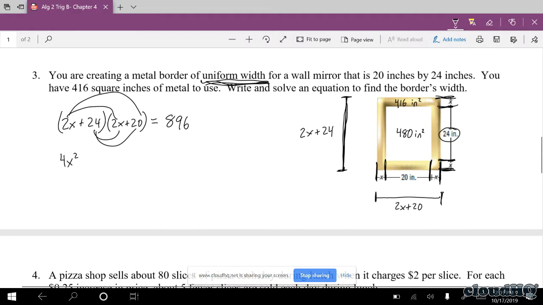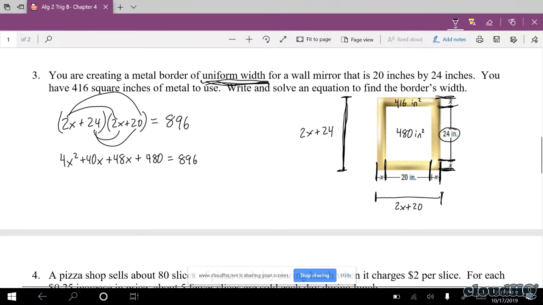And then plus 40x plus 48x plus 480 equals 896.